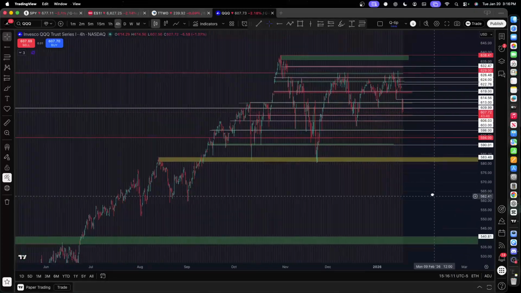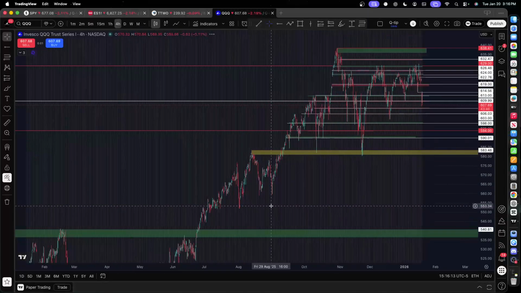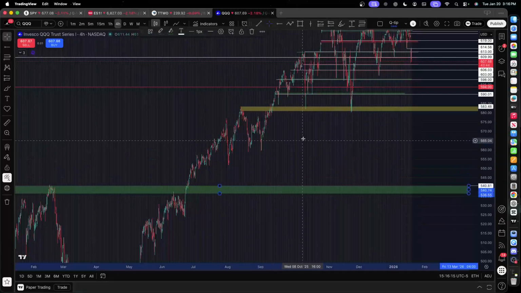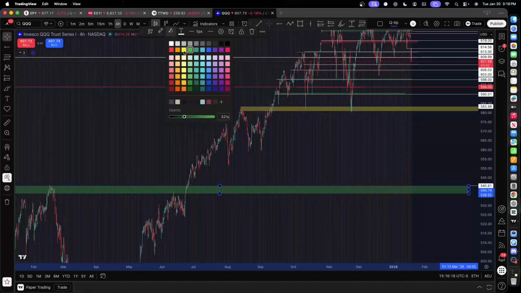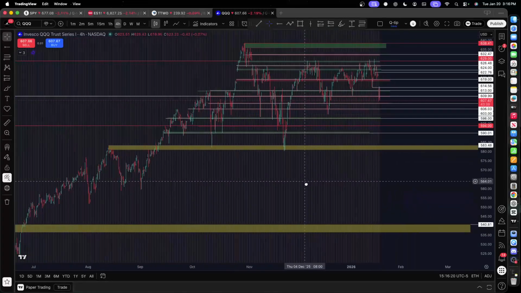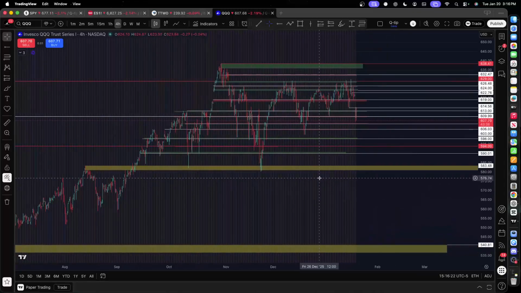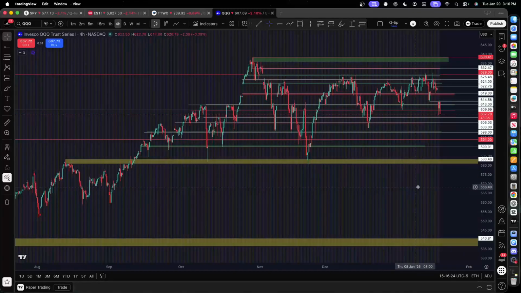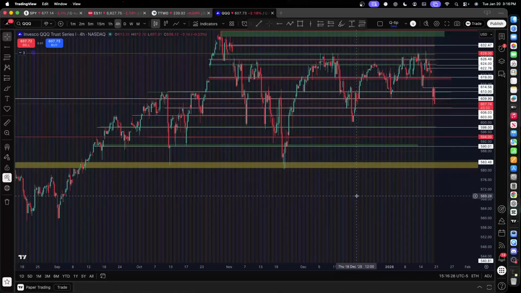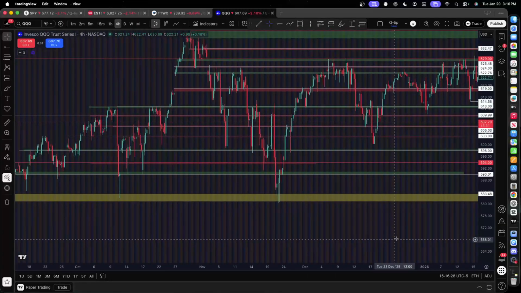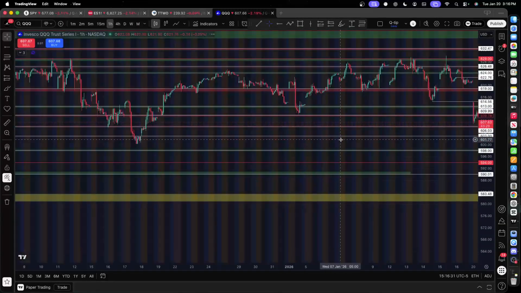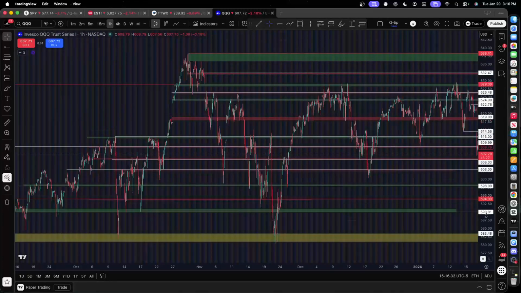If we broke down under it, we would probably break lower into this level, right? So you can use this to read where the key breakdown spots are. Now, we're on a 4 hour, so we're looking pretty largely. However, looking at, let's go 1 hour and zoom out a little bit, if I can fit it all.